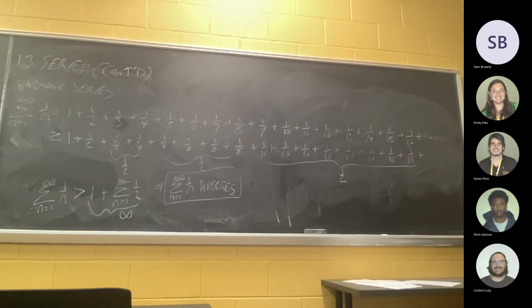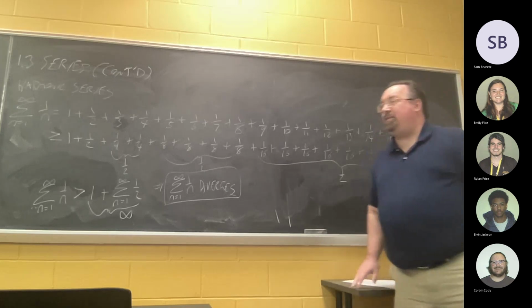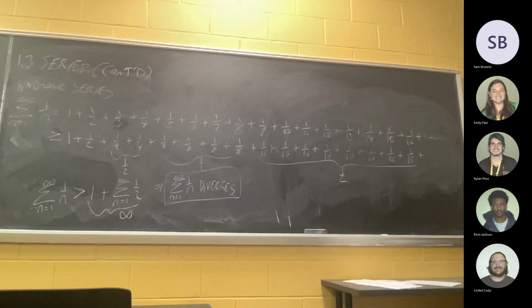One of the tests for convergence we'll see later is called the comparison test, by comparing to a simpler series. Okay, so any questions about how the harmonic series was proven to diverge?